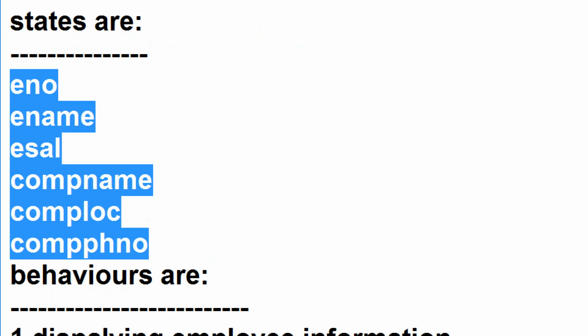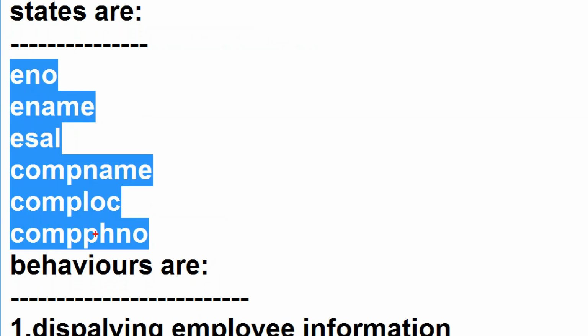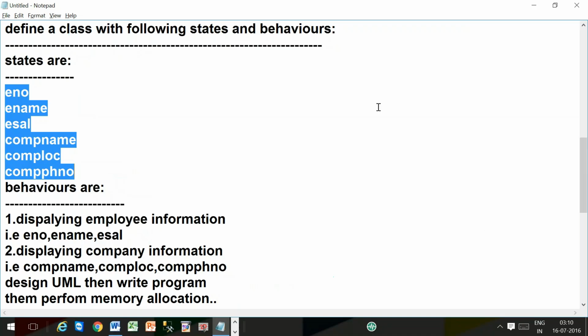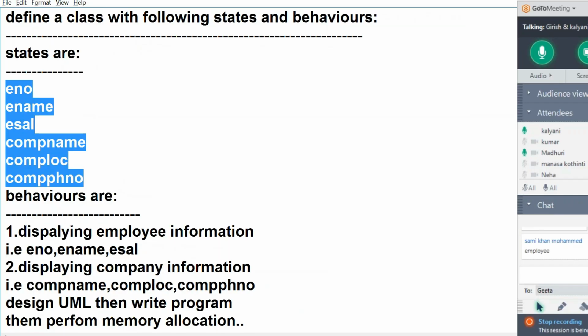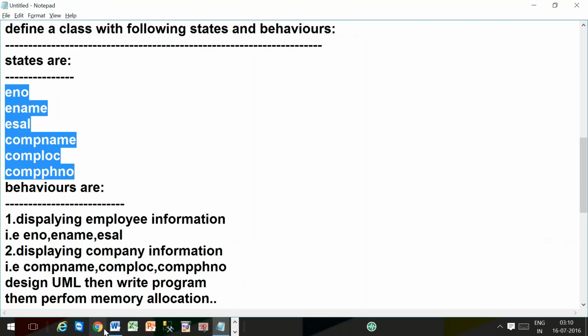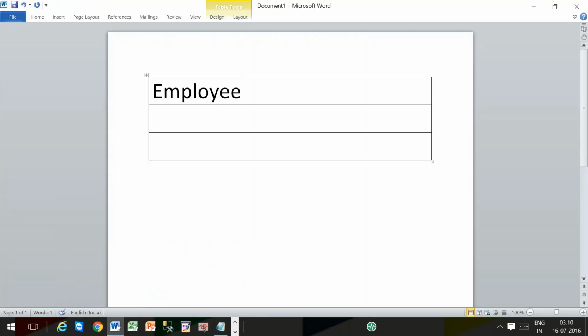Among these six, we have to think about which are instance and which are static. Manasa, which are instance, which are static? ENO, ENAME, ESAL will be instance, and company name, company location, company phone number will be static. Very good.